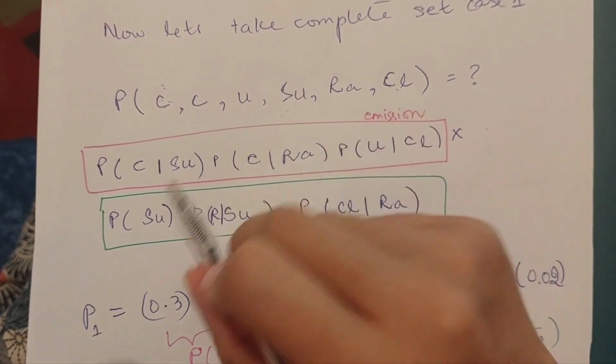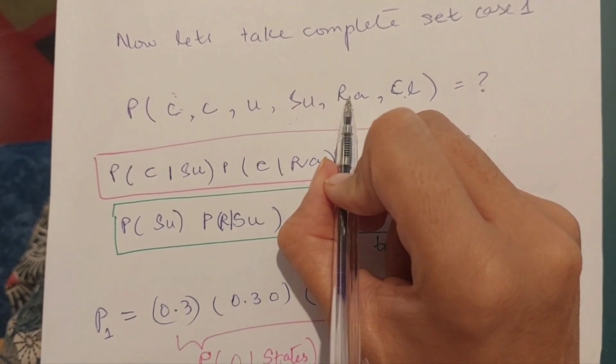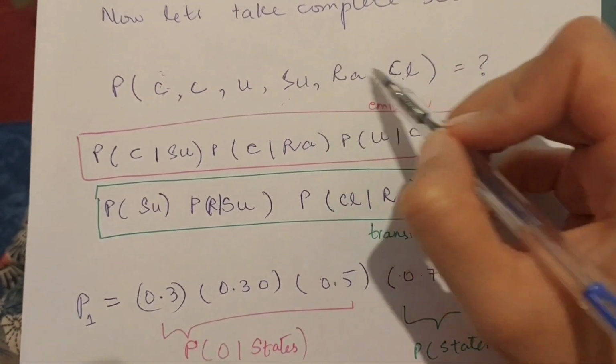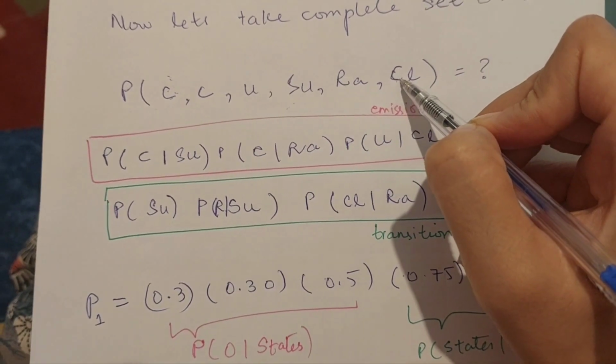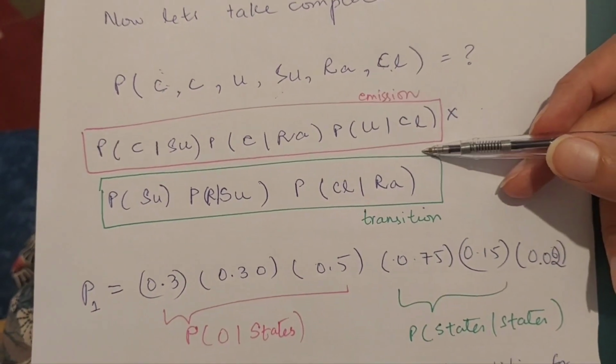And then we are linking the probability that the day is rainy given that it was sunny before, and the probability that the day is cloudy given that it was sunny before. So we have got these terms.